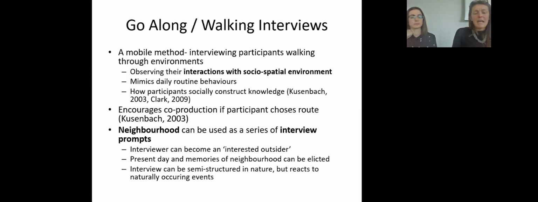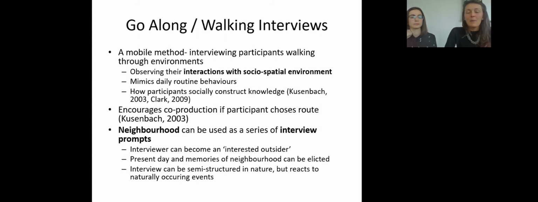So the walking interview can be semi-structured in nature, but also it reacts to naturally occurring events. And what I mean by that is that you might choose, as a researcher, to participate in a go-along and walking interview with a set of broad questions that you want to ask and broad themes that you want to cover.